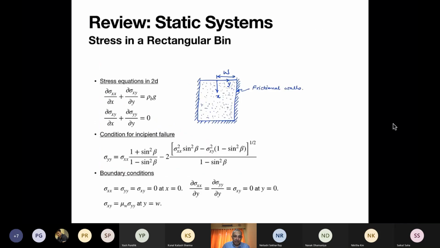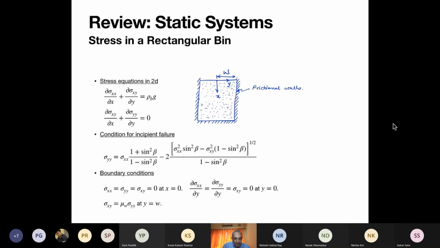And then we were looking at this problem, the same as before, X, Y, whatever. So you have your normal stress in the X direction, normal stress in the Y direction.